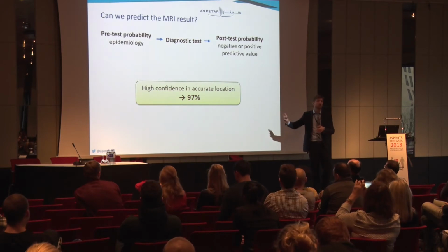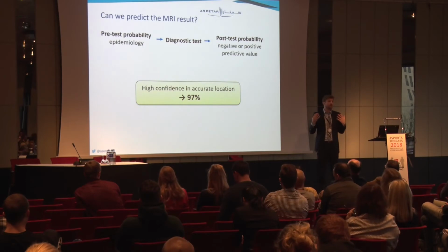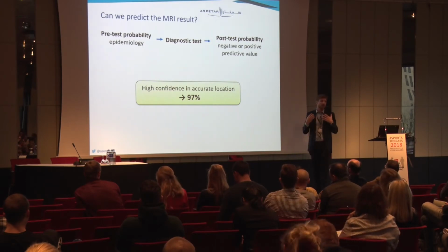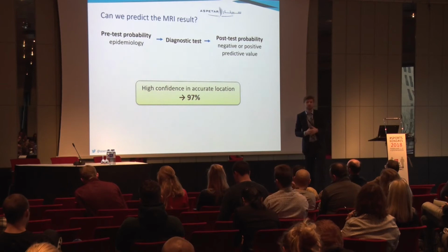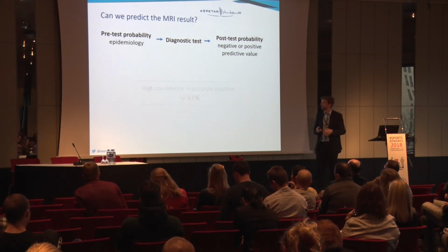If they're all positive, they all had an adductor injury. So we can have really high confidence that our adductor tests will give us an accurate diagnosis of an adductor injury.